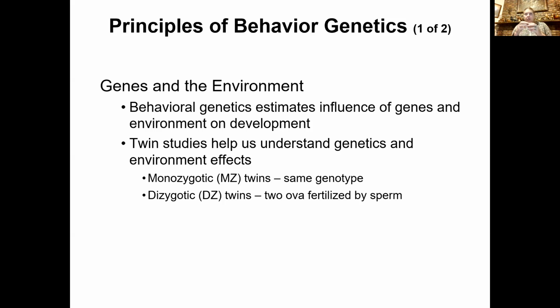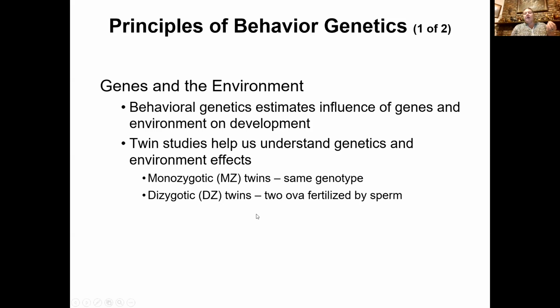That cell will divide and you have two genetically identical embryos that form. So basically it's from one cell being split into two and making two separate individuals that are 100% genetically identical. So these monozygotic twins are identical twins.